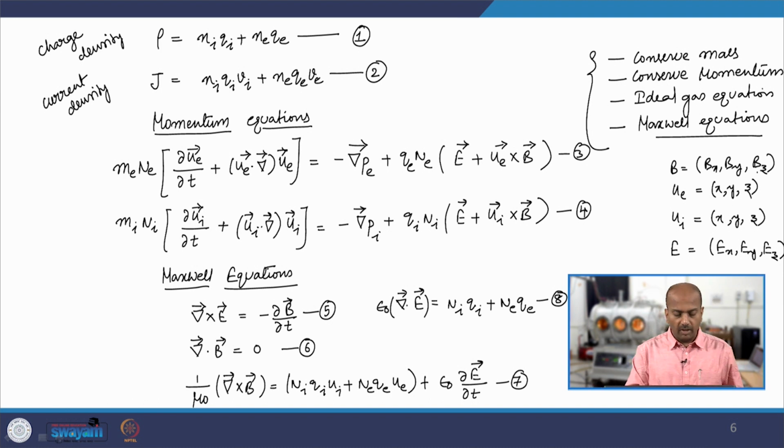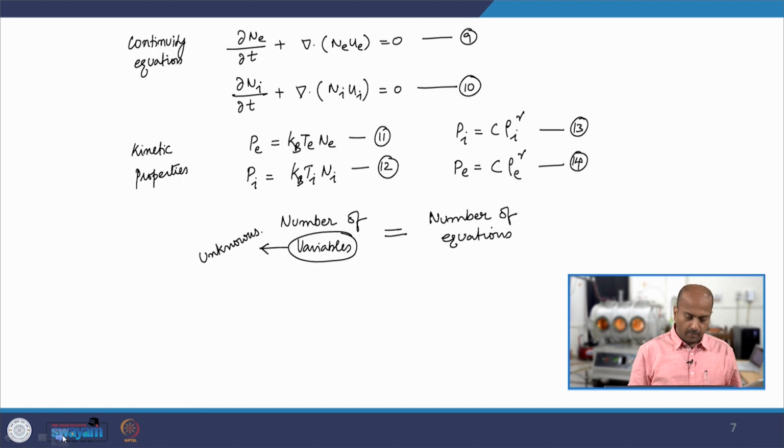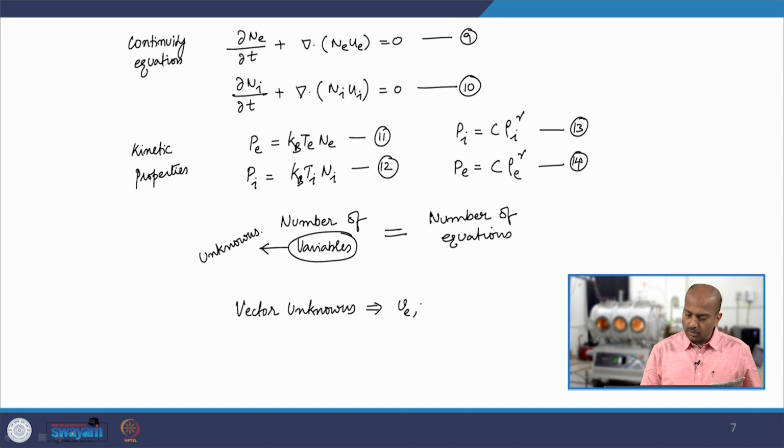These are the vector unknowns: the electron fluid velocity, the ion fluid velocity, the electric field, and the magnetic field.